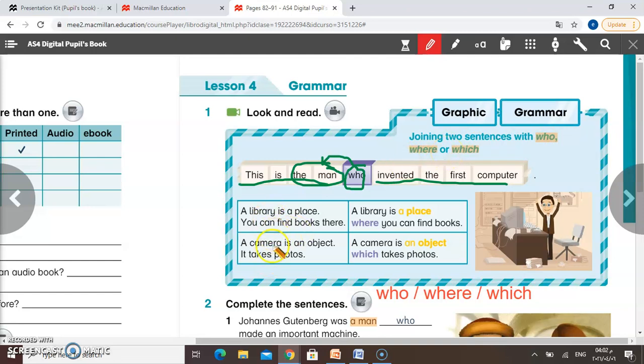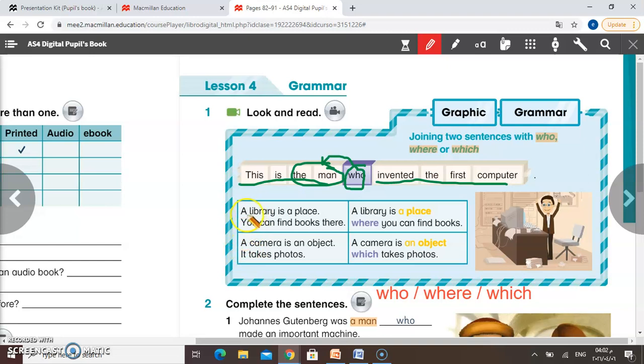Now we have here, look at these sentences. We have two sentences. You have to look careful about them. A library is a place, you can find books there. A camera is an object, it takes photos. إذن أول شيء, the first step you have to look at the noun that is repeating أو الشيء اللي بتكلم عنه أو الاسم المكرر.